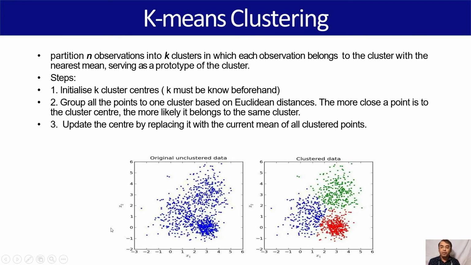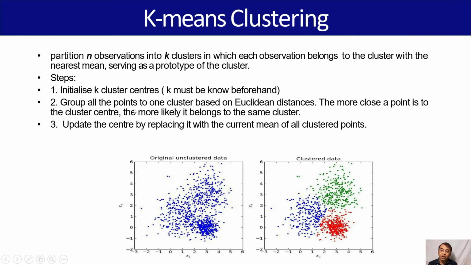Now I will tell you a very popular clustering algorithm called the k-means algorithm. Partition n observations into k clusters in which each observation belongs to the cluster with the nearest mean, serving as a prototype of the cluster. What are the steps? Step 1, initialize k cluster centers. K must be known beforehand.